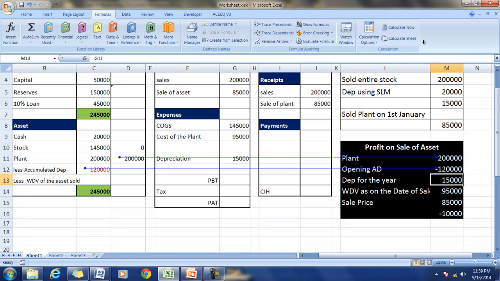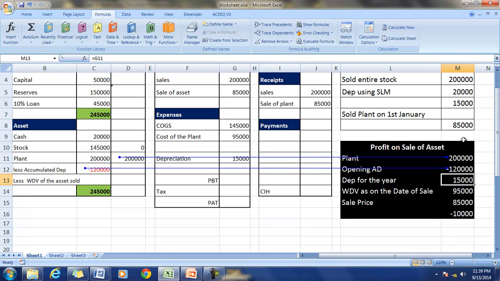So the WDV as on the date of sale is 200,000 minus 120,000 minus 15,000, which will give the WDV as on the date of the sale. And the sale price is 85,000, whereas the WDV is 65,000. So there is a profit of 20,000.